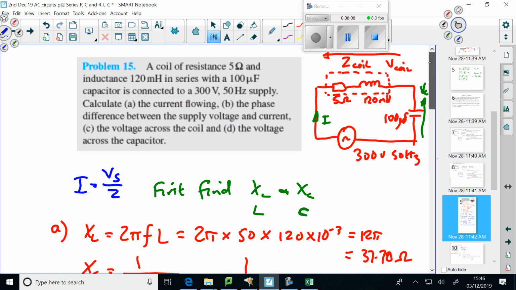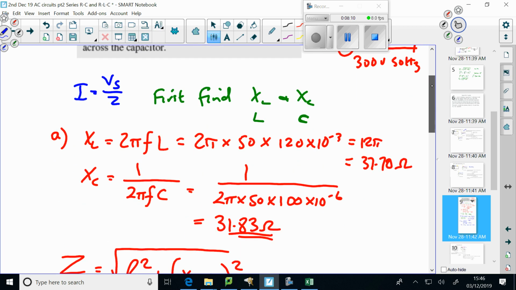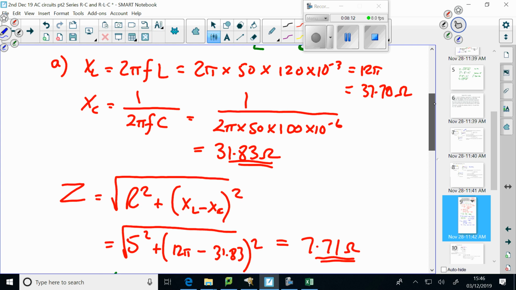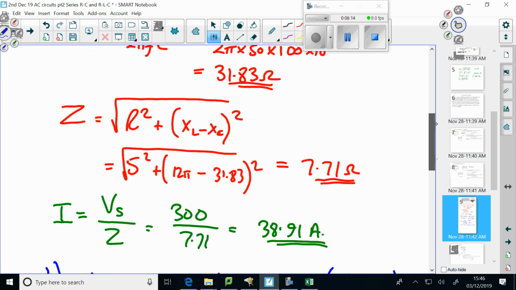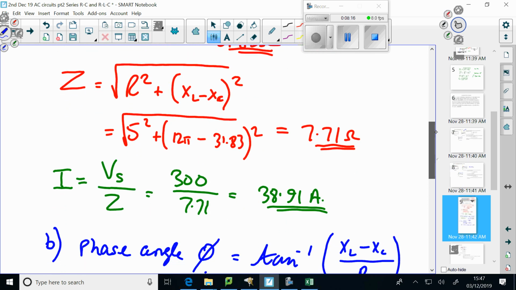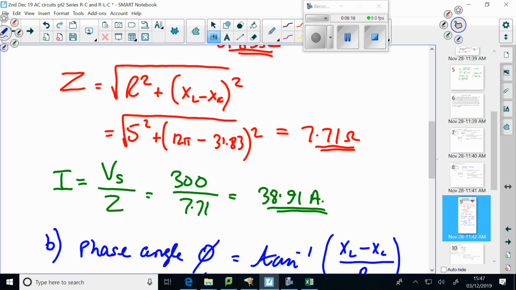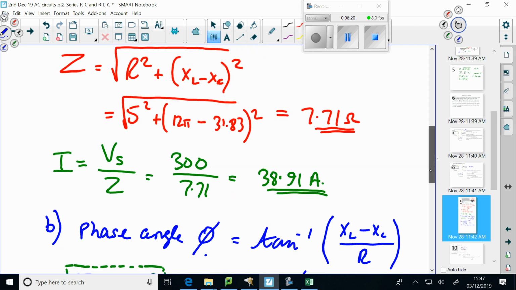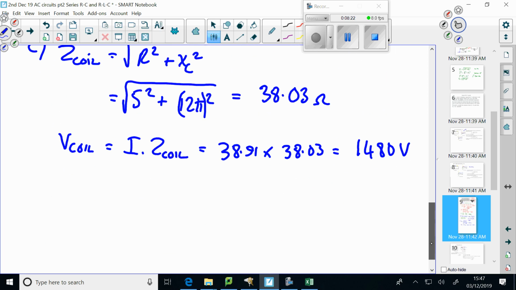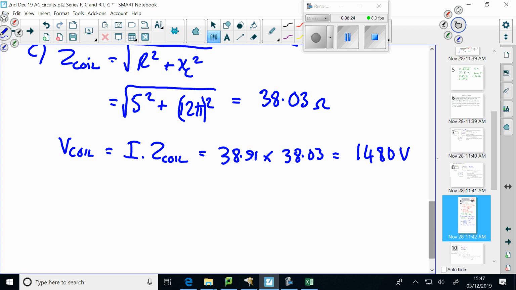Right, summary. We calculated XL and XC, put them in that formula to get the total impedance, used that to calculate the current, which is what I was asking for in terms of A, 38.91. Here, we're calculating V coil, which is I times Z coil, 38.91 times 38.03, 1480 volts.